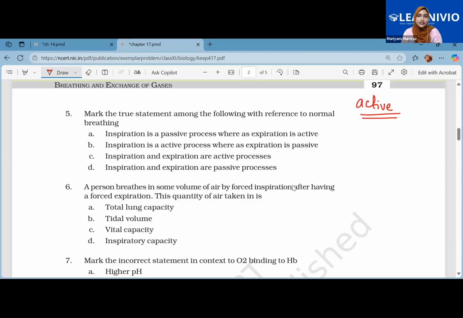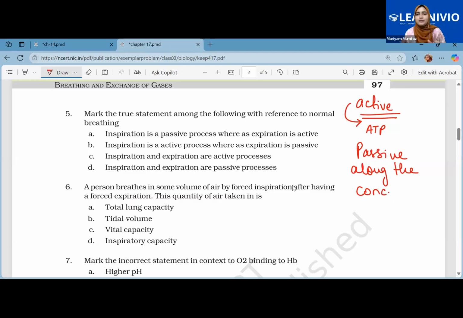Along the concentration gradient means from high to low. Against the concentration gradient is from low to high. And active transport requires ATP. Whereas passive happens along the concentration gradient, from high to low.